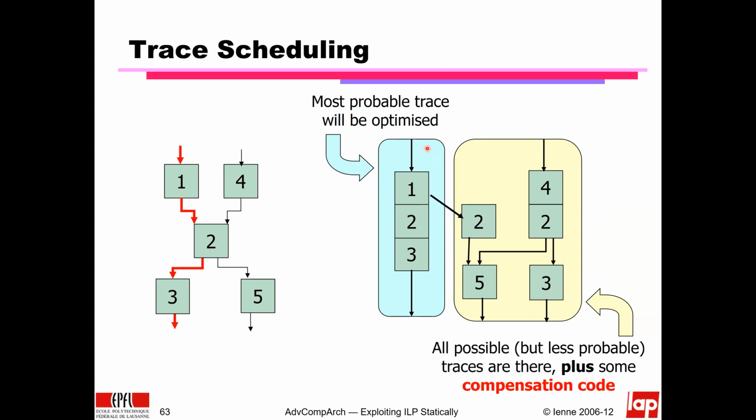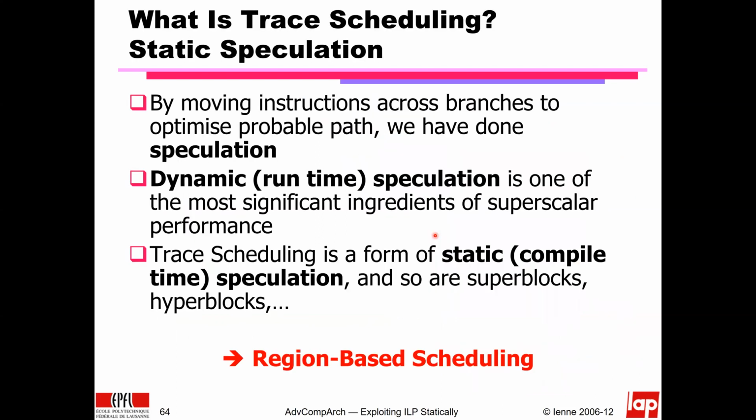It becomes a super basic block. This trace becomes a large basic block, and then you jump into the rest of the code whenever it didn't work properly, right? You didn't do it well. So the rest is the rest plus the compensation code that you need to undo whatever you may have done and that was not to be done.